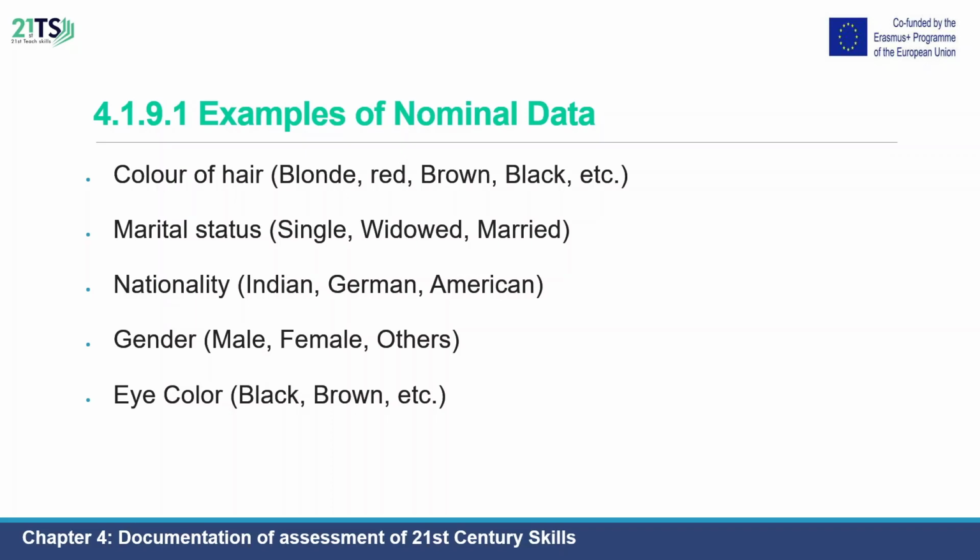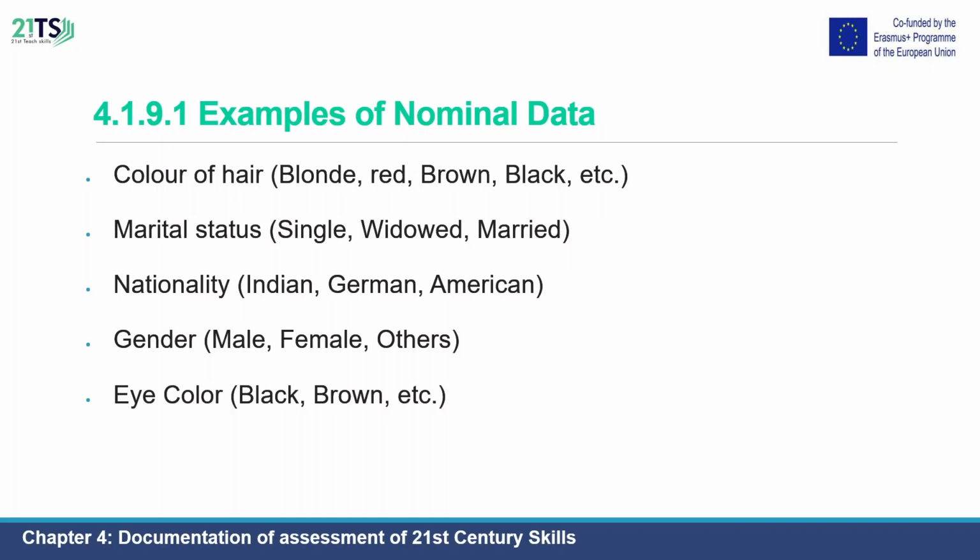Here are some examples of data which can be categorized as nominal data. For example, the color of hair: brown, red, blond, or black. Or marital status, whether the participant is single, widowed, or married.